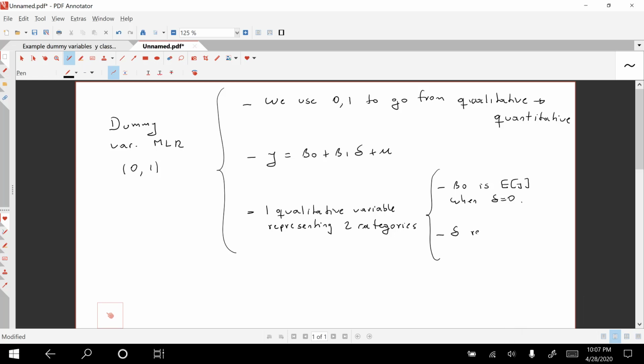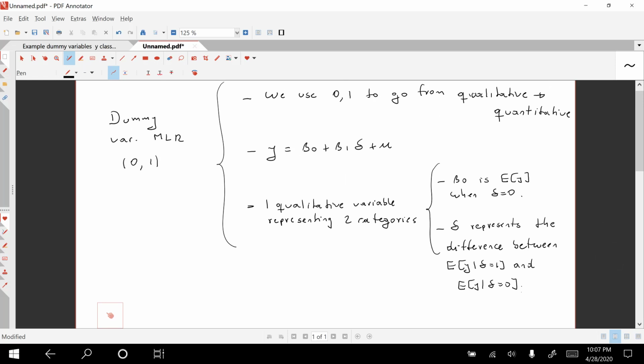And we said that delta represents the difference between the average value of y when delta is equal to 1 and the average value of y when delta is equal to 0. That's what we talked about in the previous class. And today, we're going to be practicing how to use this information in the context of a specific example.